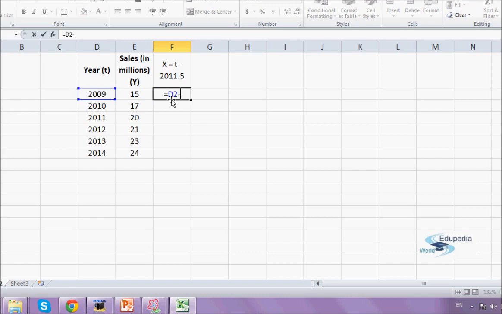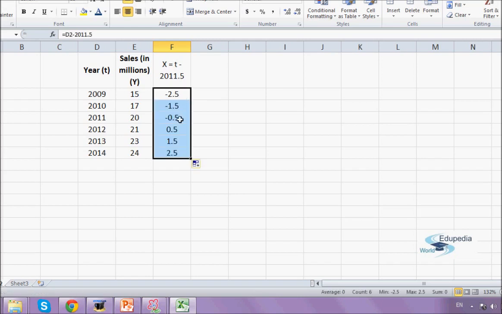It's minus 2011.5, okay, so we have got minus 2.5. But let's first see if we are getting the sum of x equal to 0. Yeah, so here we have 2.5, 1.5 and 0.5, and the same numbers as positives here, so both positive and negative will cancel out each other and we'll have the sum of the values of x as 0.